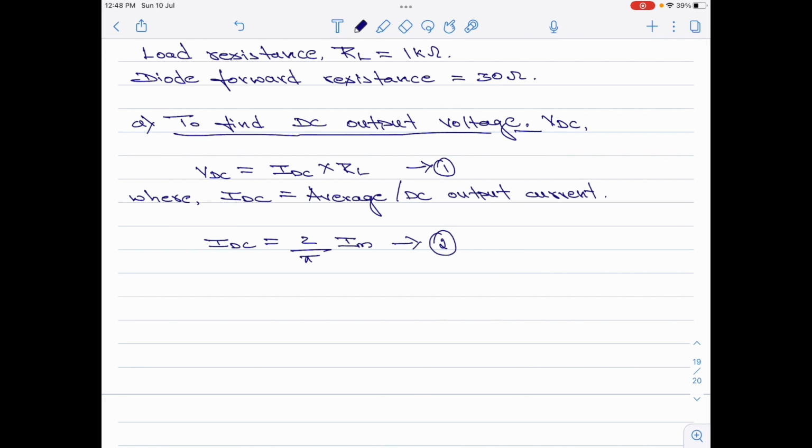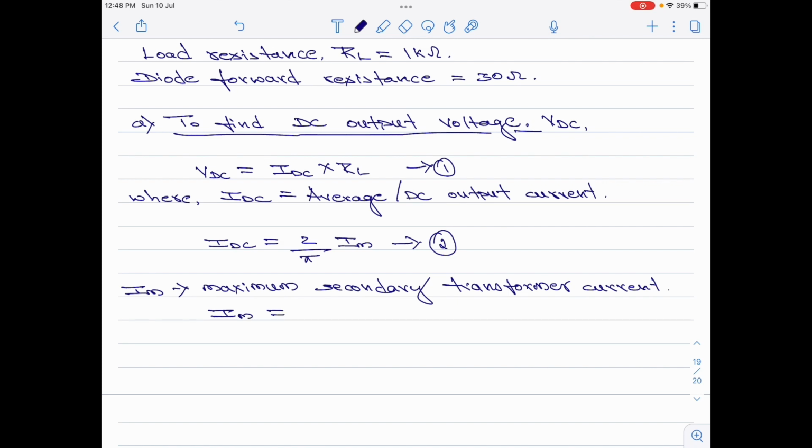Im in equation 2 represents the maximum secondary transformer current, and it is given by the formula Im equals the maximum secondary voltage, which is Vm, divided by the resistances in the circuit. Now generally we write the equation for resistances as the forward resistance of the diode plus the load resistance.